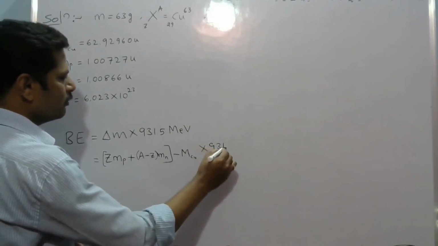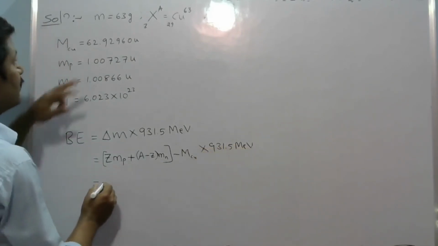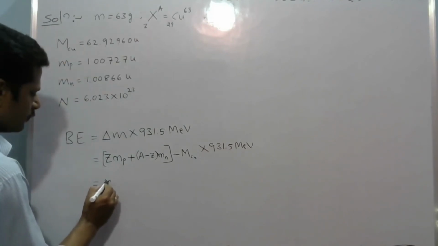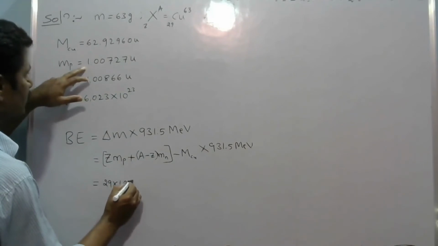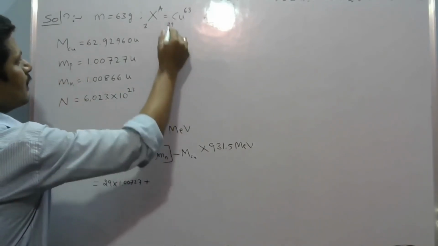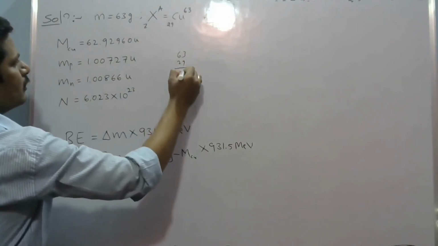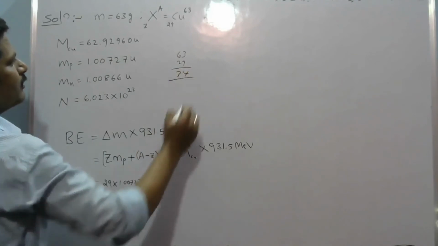Into 931.5 mega electron volt. Now let me substitute all the values. That is Z equals 29. The mass of the proton equals 1.00727 plus (A minus Z). Here A is 63 and Z is 29, so 63 minus 29 is 34.